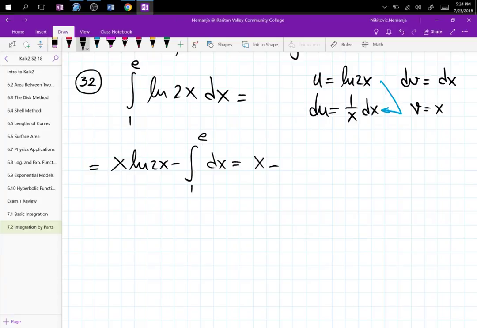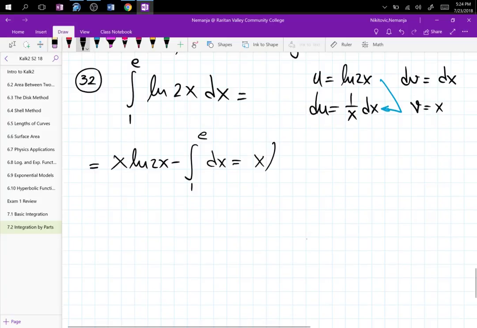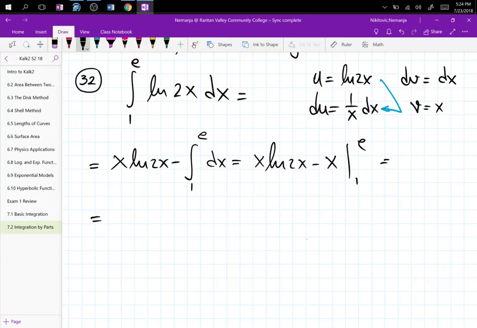So I have x ln 2x minus x, everything computed from 1 to e. Alright, so what I have is e ln 2e minus e, and then minus 1 times ln 2 plus 1.